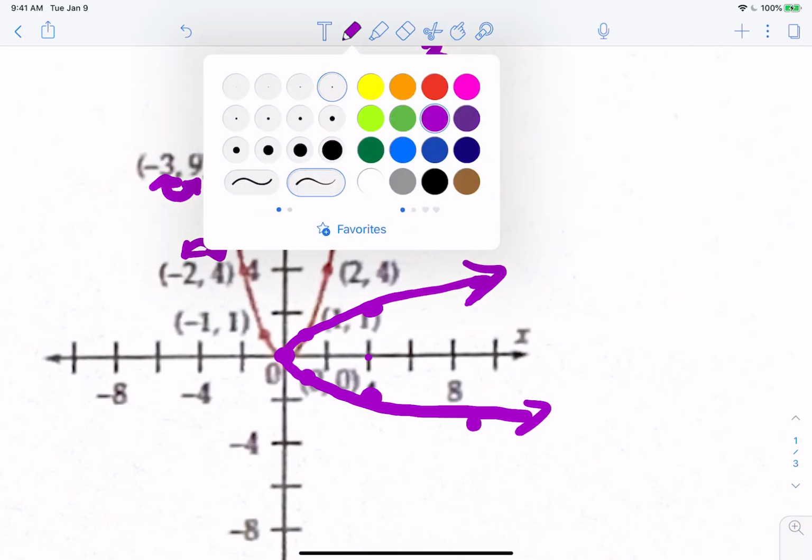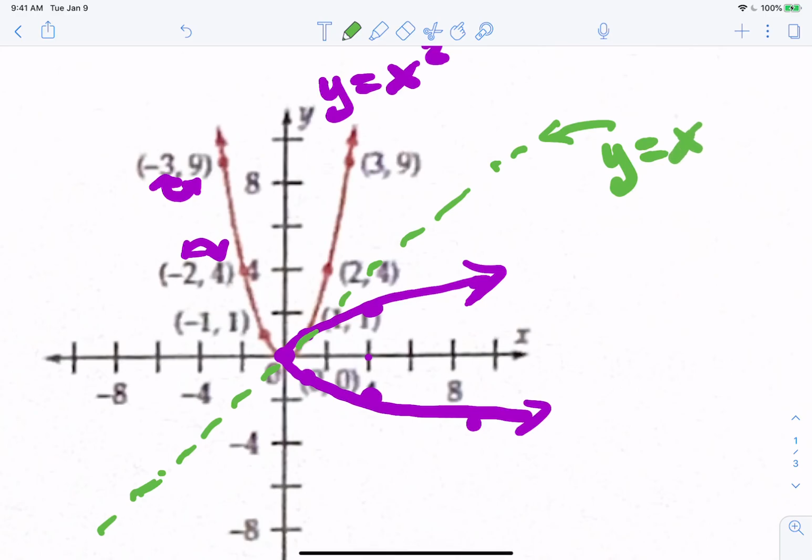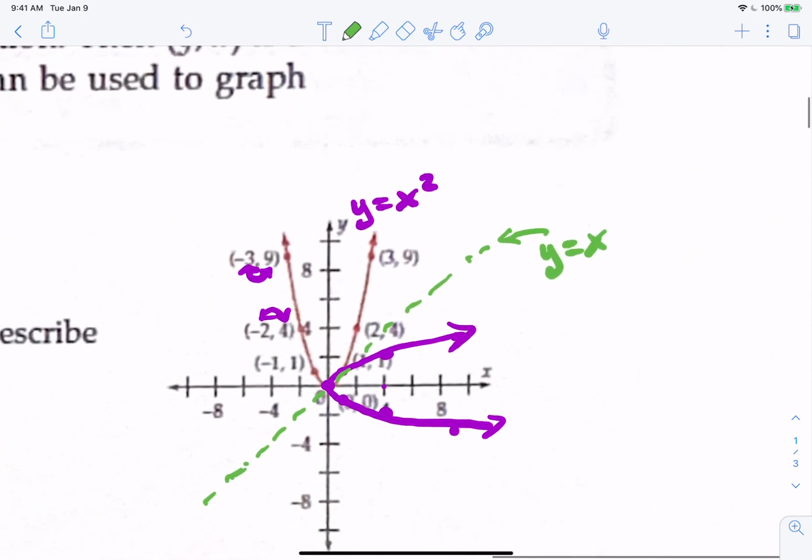And again, there's that magical dotted line. What's the equation of that dotted line? Y equals x. Y equals x is just that linear function, that dotted line, and the graph has flipped over top of it. Does that make sense? So you're taking each one of those coordinate points and flipping them around, and that's what your inverse will look like if you graph them.